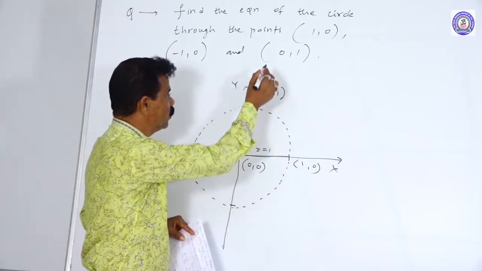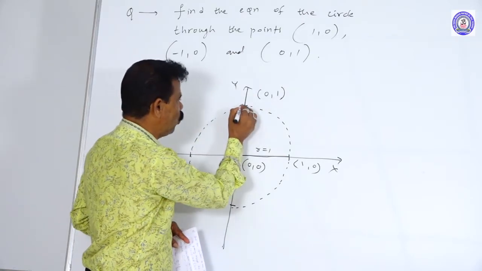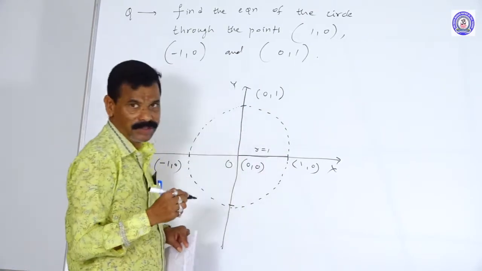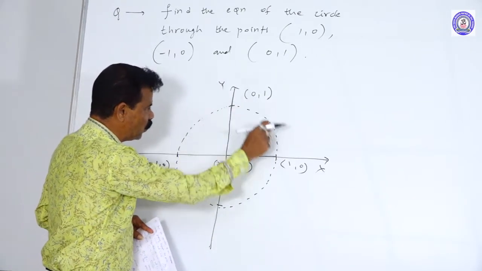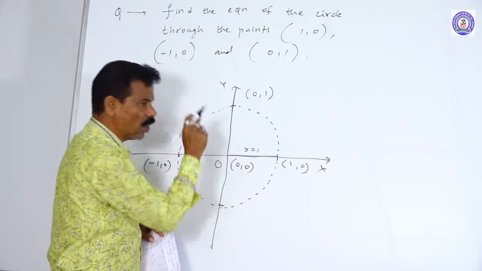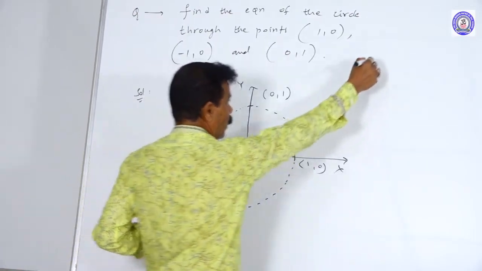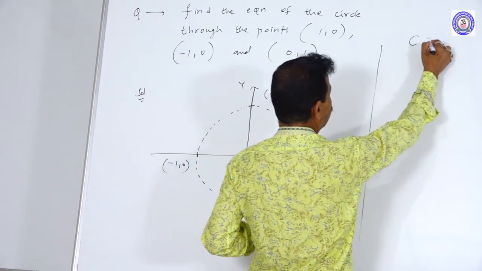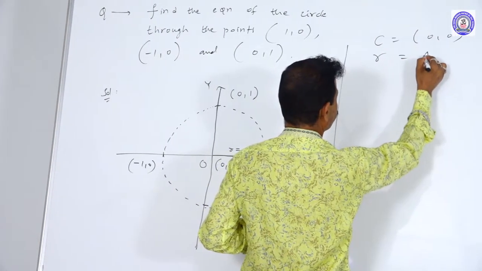From the diagram, the 1 comma 0 point, minus 1 comma 0 point, and 0 comma 1 point, these 3 points are given. So we draw the graph according to radius 1. Here the center is 0 comma 0 and the radius is equal to 1.